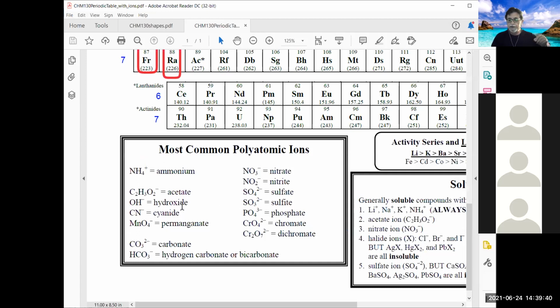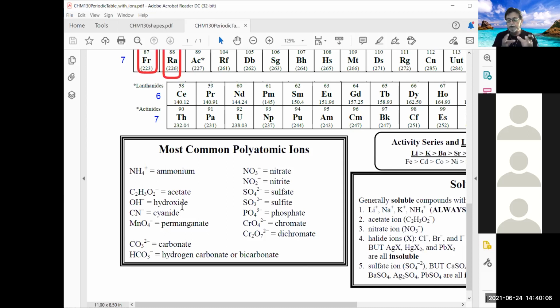Now, you can see they each have a charge. Now, we're going to get to know these quite a bit later on the road. But the thing to keep in mind here is they all have a charge. There's only one that's a cation, that's the ammonium. That is a nitrogen bonded with 4 hydrogens that has an overall positive charge. That positive charge is for the whole unit.